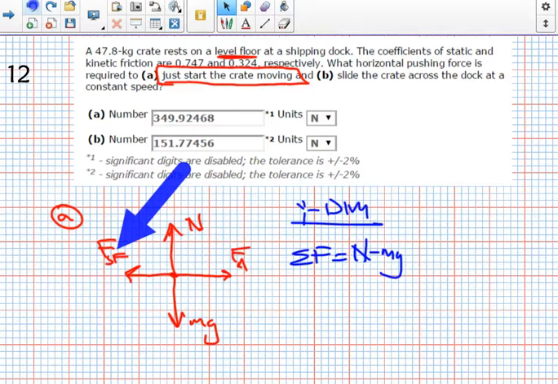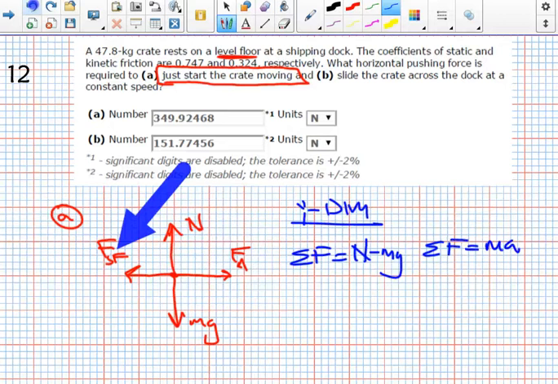And the net force, of course, is equal to mass times acceleration, but it's 0, because it's not accelerating in the y at all. So 0 equals normal minus mg, and that means that the weight is equal to the normal force. The positive version of the weight is equal to the normal force. So if I know the weight, I'll know the normal force.